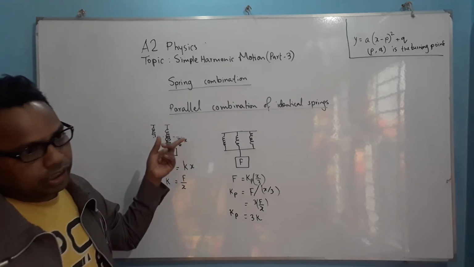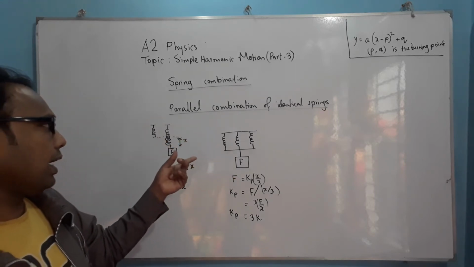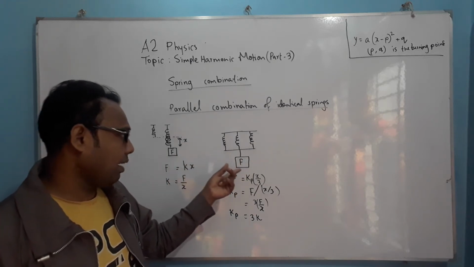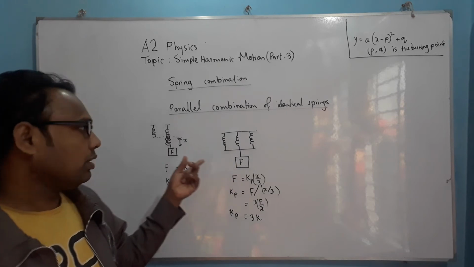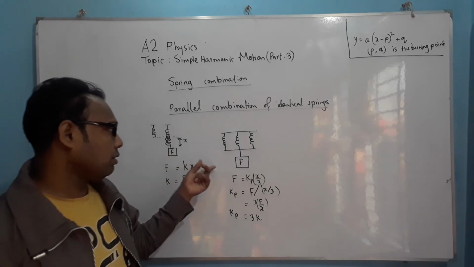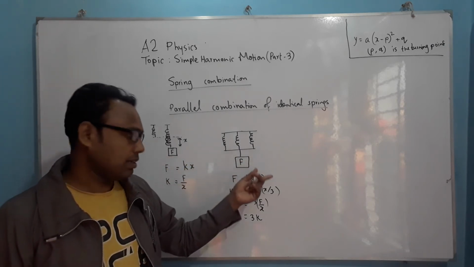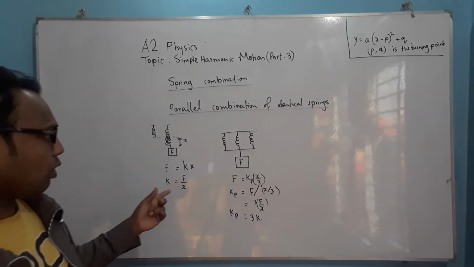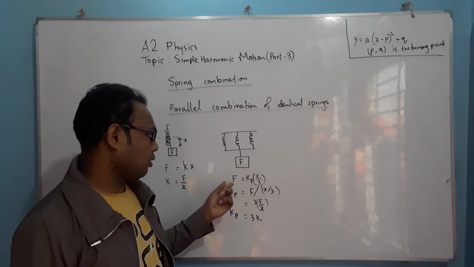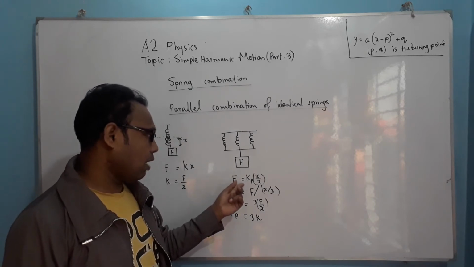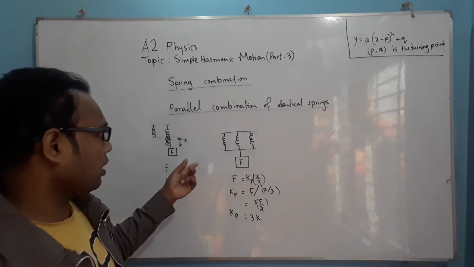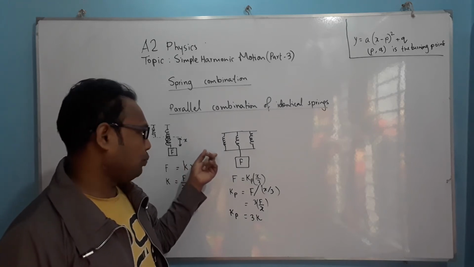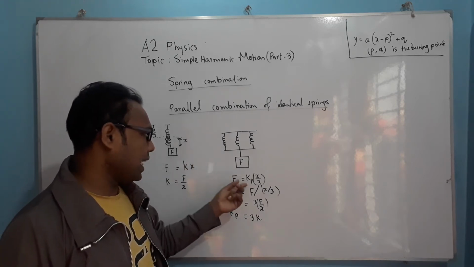So if the three springs are connected in parallel combination and go under the same load F, each of the three springs will undergo x over 3 units of extension. We can write, by the same formula of Hooke's law, F equals spring constant times extension. Now we take the spring constant of the system of three identical springs in parallel combination as Kp.